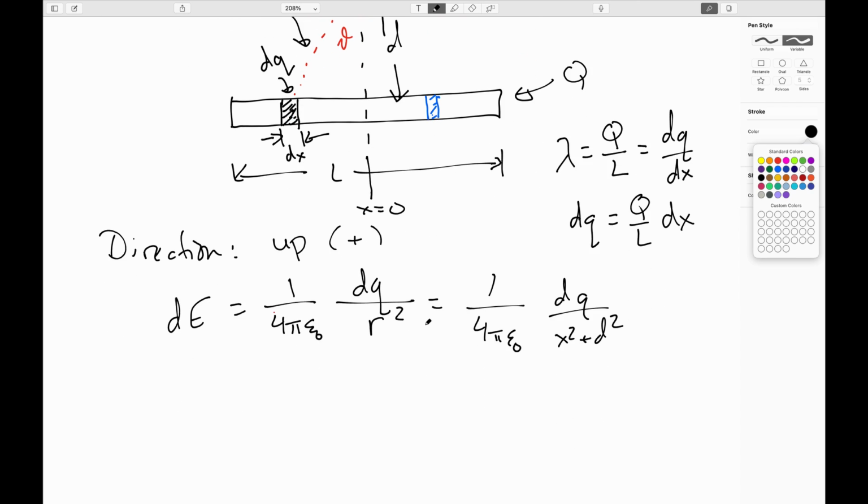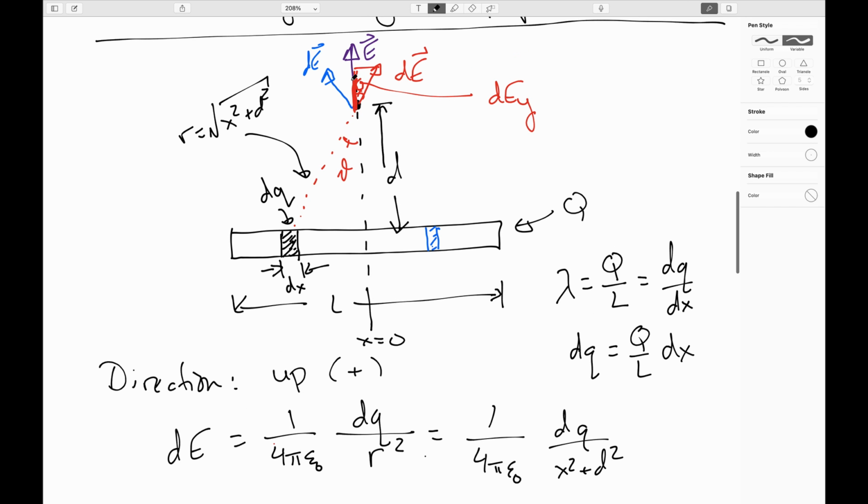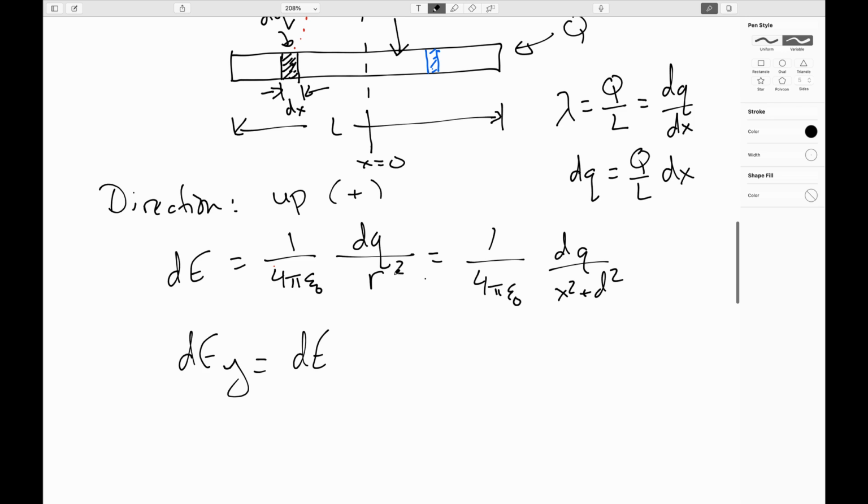It's going to be my dE that I just found times, well, I want the y component. So this is the adjacent, that's the hypotenuse, so I need the cosine of theta.